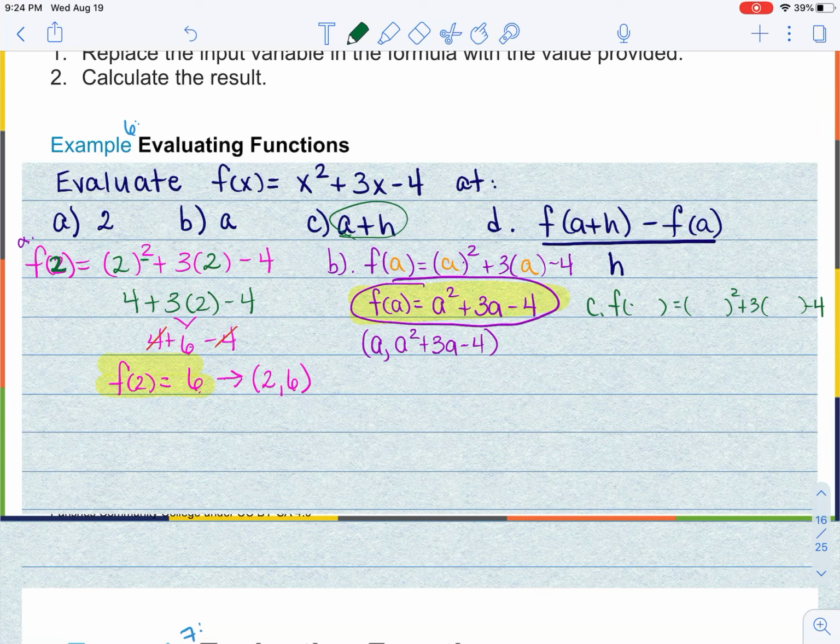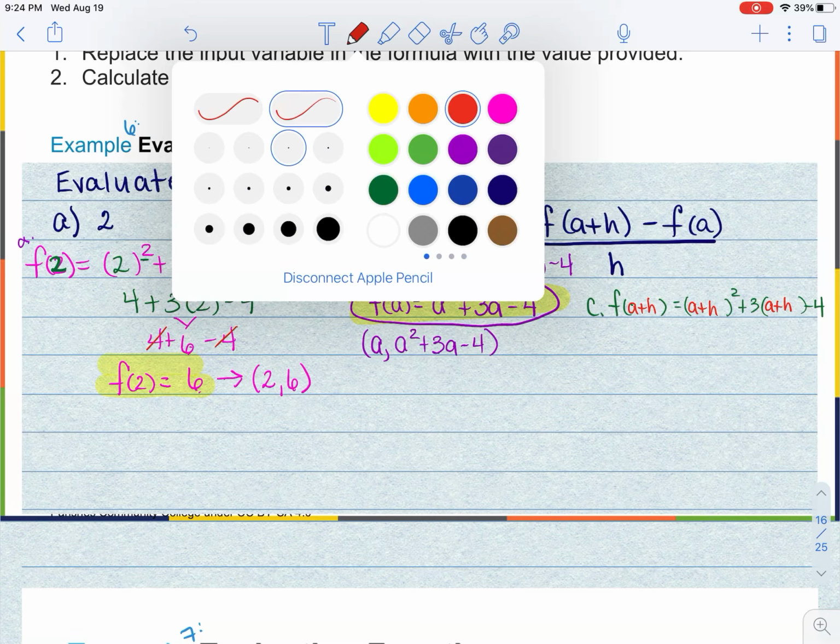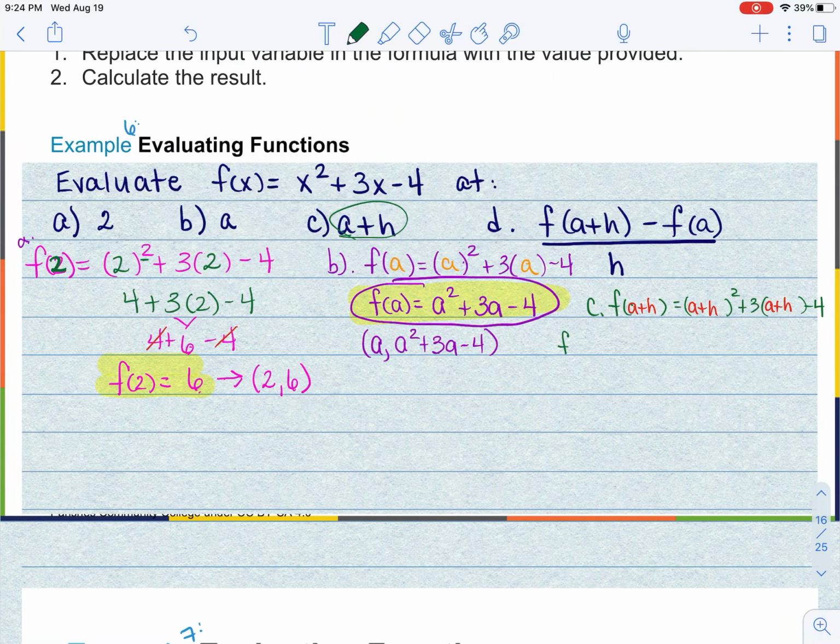All right, and we are substituting in a plus h. Oh, so we have, let me expand it a little bit. f of a plus h is equal to (a plus h) squared.